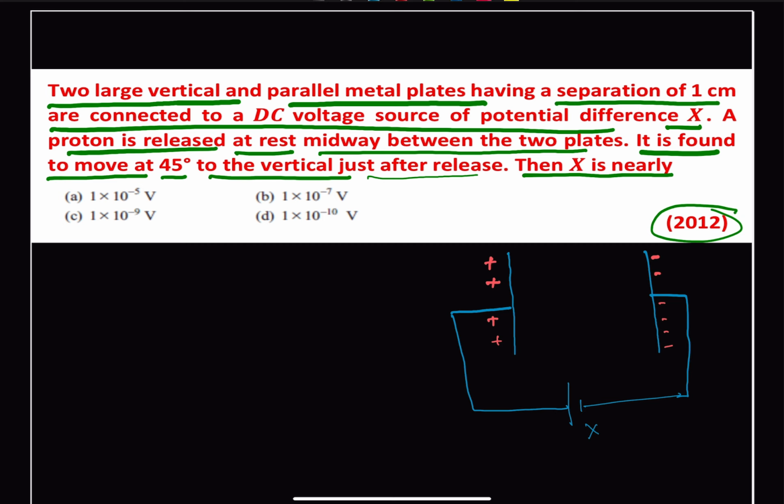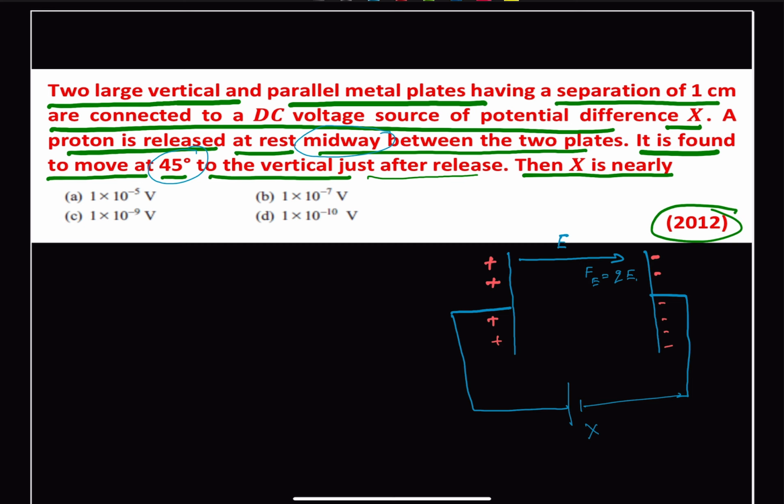The force due to the electric field will also be in this direction, Fe equal to qE. It states that the proton released midway moves at an angle of 45 degrees with the vertical.